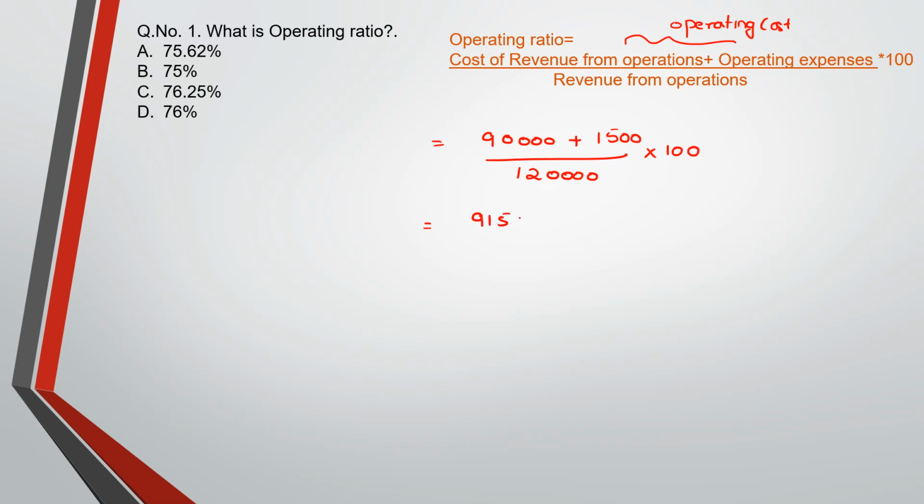That is 91,500 by 1,20,000 into 100. So we get it as 76.25%. So if you see here, option C would be the right answer. 76.25% is the operating ratio.